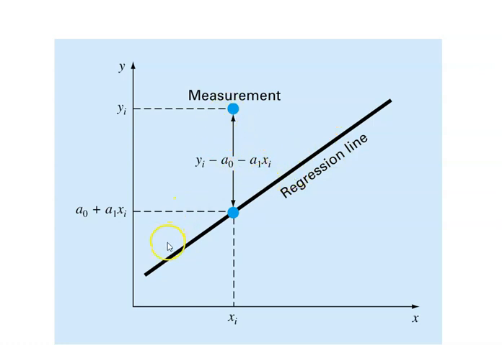So let's say you have one dot here, another one here, another one up here, another one down here, and so on. The difference between the measurement and the point on the regression line is what we call the error or the residual error, the e that I mentioned just now.